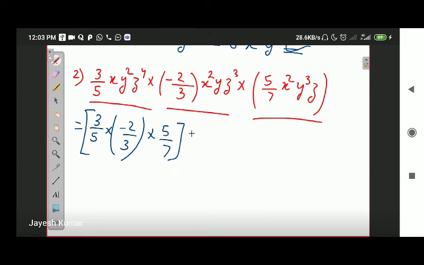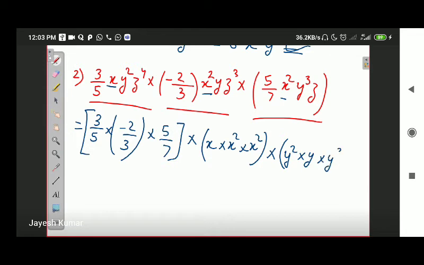After that you separate the x parts, x into x square into x square. Then we take another bracket for y, y square into y cube.